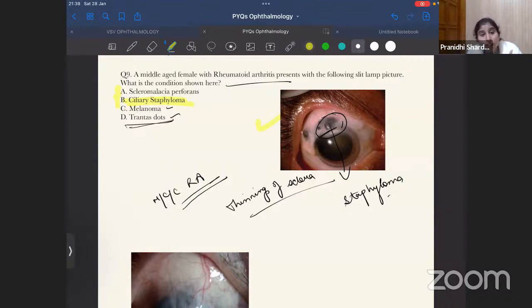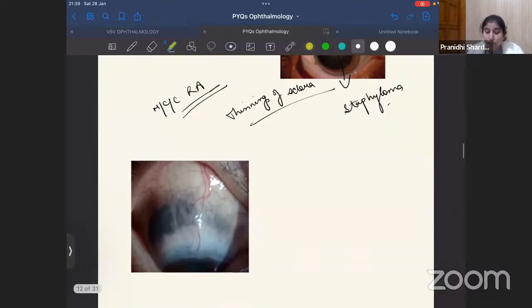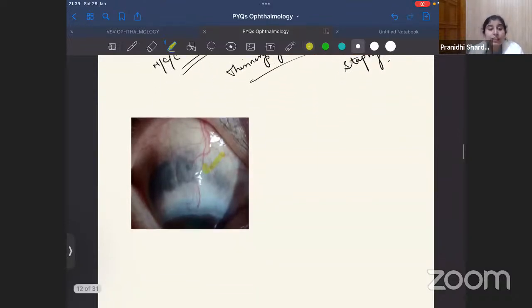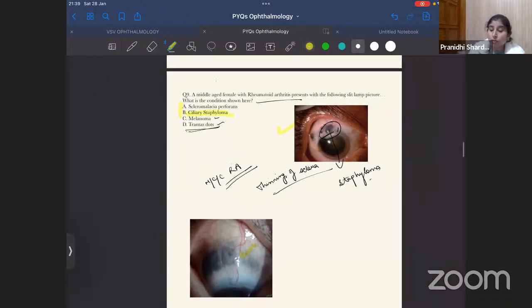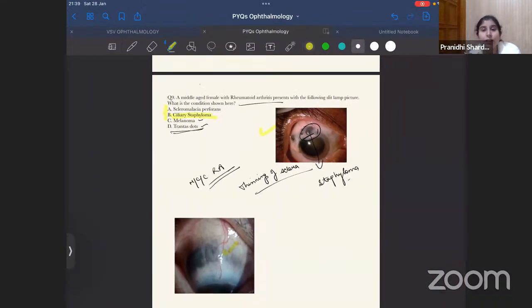Scleromalacia is thinning of the sclera in which the uveal tissue is shining, but in staphyloma there is outpouching. So the answer is B. This is scleromalacia; in this there are no raised lesions, just the uveal tissue shining in the thinned sclera. So just make sure about this question. Whenever you see an elevated lesion, the answer will be staphyloma. Okay.